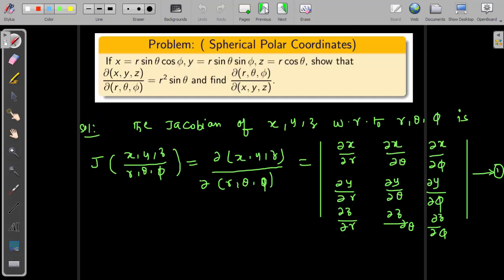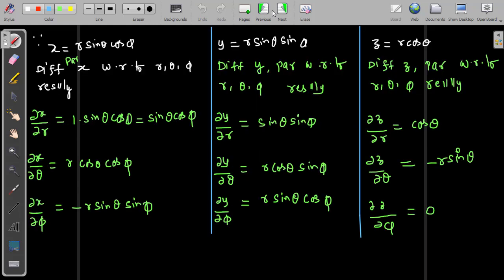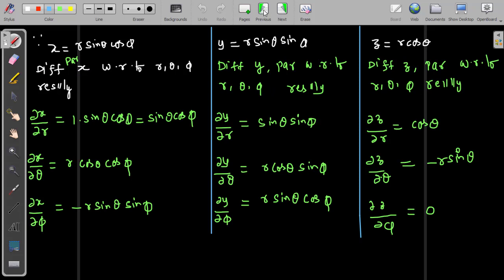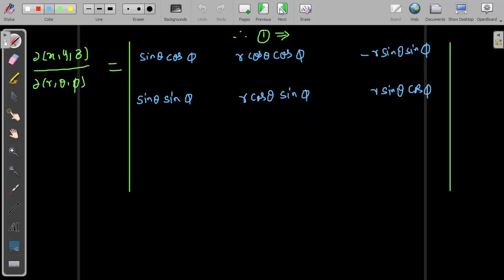Please check the results here: sin theta sin phi, r cosine theta sin phi, r sin theta cosine phi. After that we have the third row: the first element is only cosine theta, the second element is minus r sin theta, and the third element is 0.